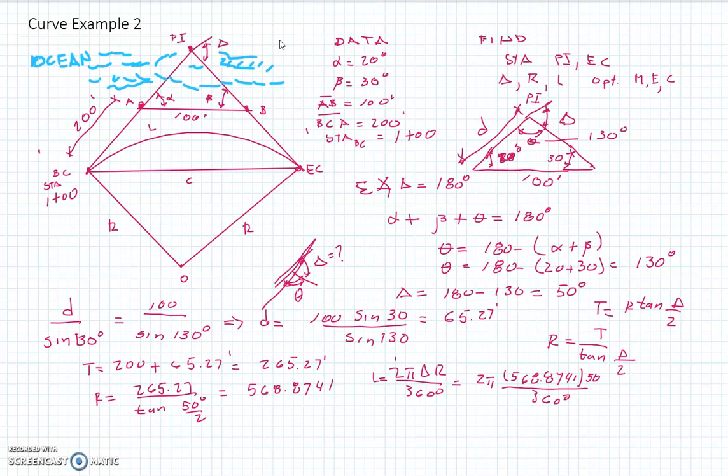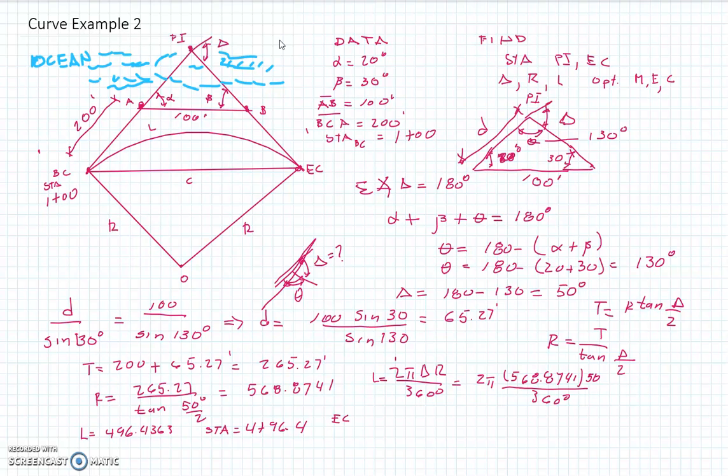So now I found L, which will be 496.4363, and divided by 100 will be 4 plus 96.44.